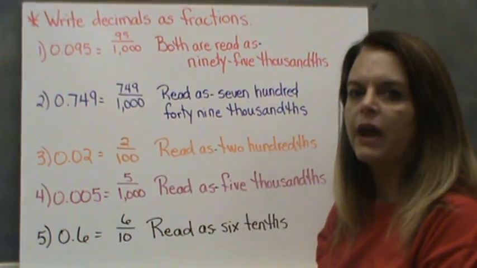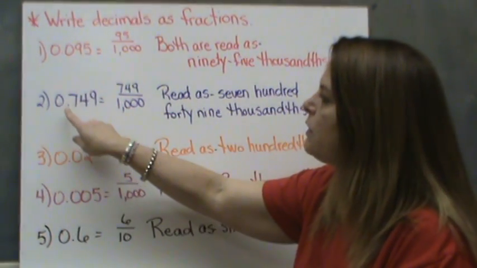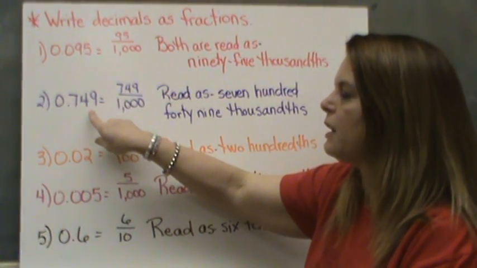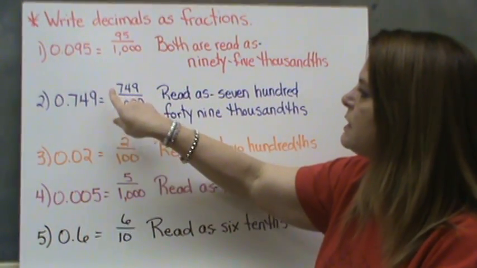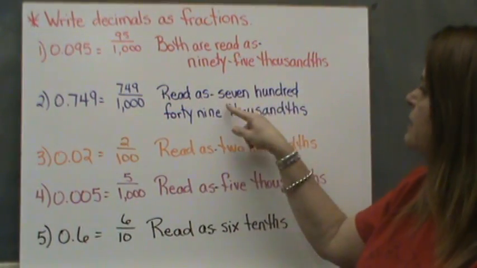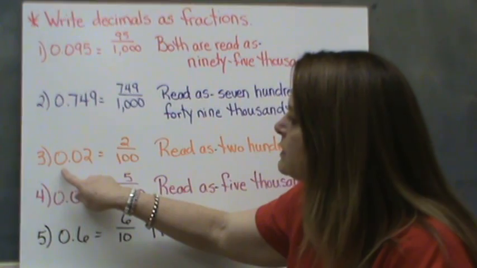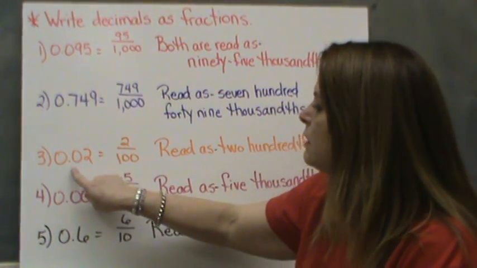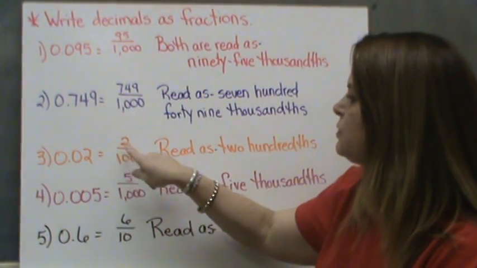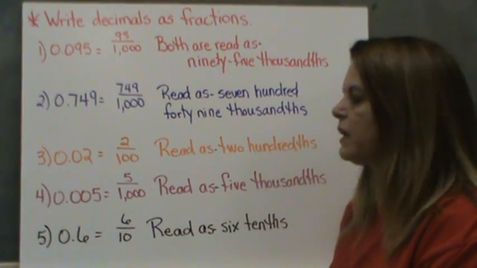So here it is as a fraction, and they're both read 95 hundredths. 0.749 is 749 thousandths. 749 over 1,000 is my fraction, and both are read as 749 thousandths. What about 0.02? I'm going to read my 2. It's in the hundredths place. So I'm going to say 2 hundredths is my fraction, and they're both read as 2 hundredths.